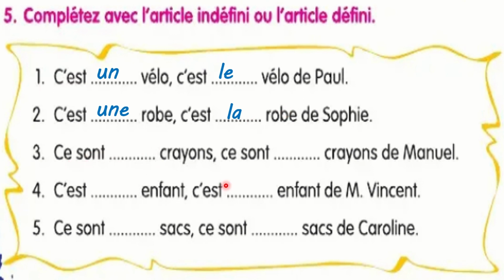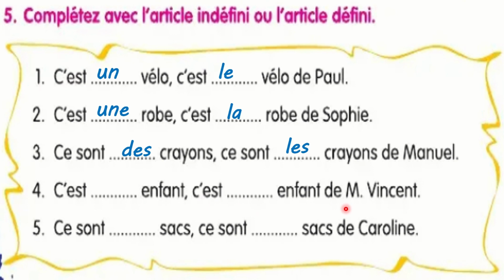Ce sont dash crayons de Manuel. That means these are some pencils. These are the pencils of Manuel. Now the answer is ce sont des crayons. Ce sont les crayons de Manuel. Next we have c'est dash enfant de Monsieur Vincent. That means this is the child.